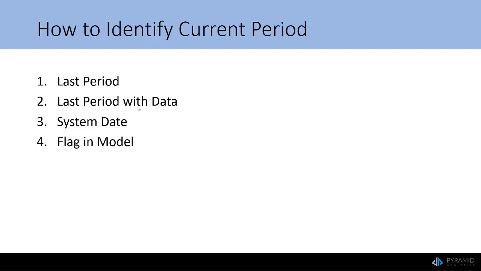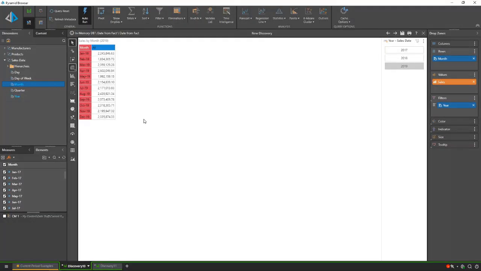Then we're going to look at last period with data, the system date, and having a flag in your data model. Now, each of these are useful for various scenarios, and I will explain the scenarios as we identify them. So to start off with, let's go ahead and look at a data model.